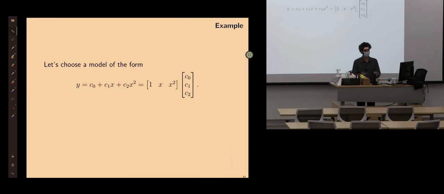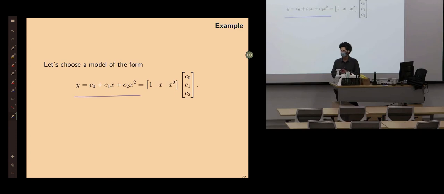Now, instead of line, of course, I told you already this is quadratic. Let's write a quadratic polynomial. So we have a constant term, we have a linear term, and we have x squared term. And each of them has a coefficient, right? We do not know what the coefficients are. And we want to estimate them, just like the previous case. How do we want to estimate them? Using the least squared norm solution. That's how we want to estimate them.